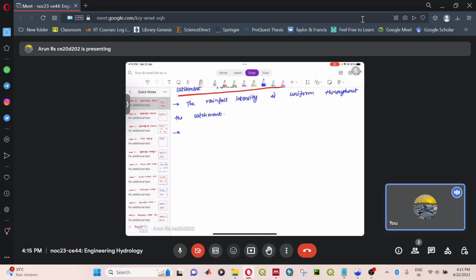And during this time period, the rainfall is uniform throughout the rainfall duration. Not just spatially, it is temporally also uniform.